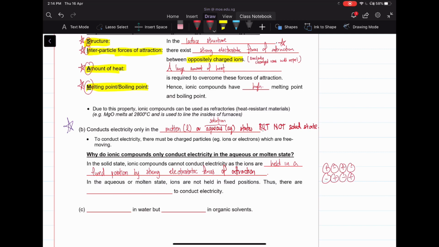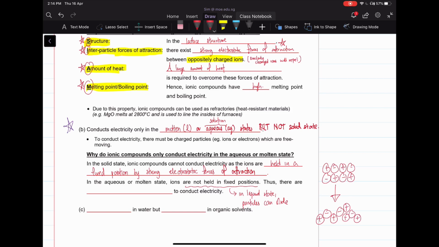But when you dissolve or melt it, the ions are no longer held in fixed position, because we learned in the kinetic particle theory that in the liquid state, particles can slide. So if you were to melt the entire substance, the structure changes from what you have initially to something that looks a bit like this.